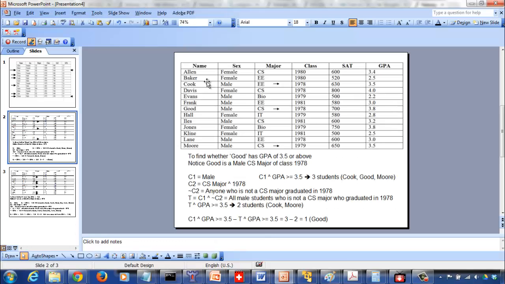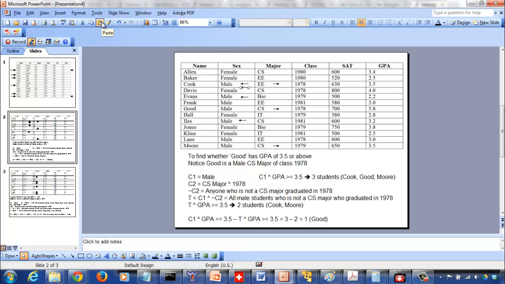Okay, so let me try to use another marker. So this is a male student who is not a CS 1978. This is another male who is not a CS 1978, and this is a male who is CS 1978. So this guy doesn't fit here, but this person fits here.